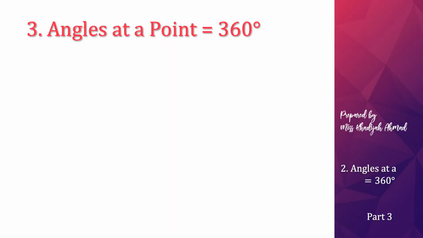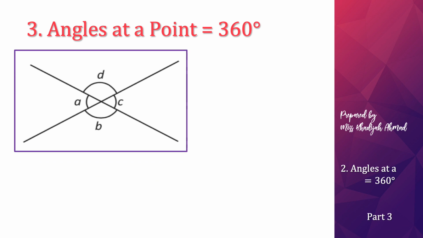Now open your workbook page 107. You may notice that I have skipped page 106 because this is similar to my example from page 102, measuring using your protractor. But right now, my next example from your workbook is page 107, question 2C.